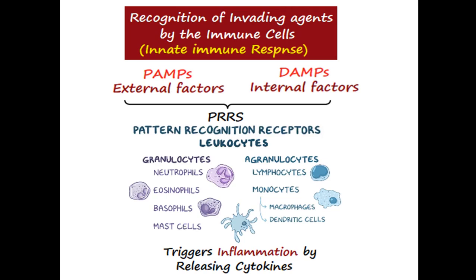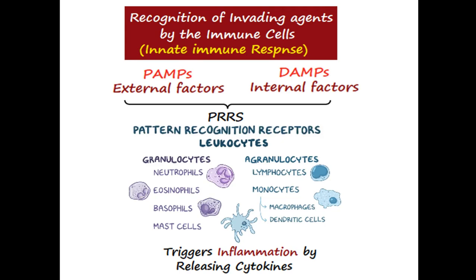Monocytes normally circulate in the bloodstream, but when they are needed, they leave the bloodstream, go into the extravascular tissue, and are present in the form of macrophages and dendritic cells. Macrophages are derived from the monocytes, and the dendritic cells are known as the antigen presenting cells, and these are more strong and efficient in killing the microbes as compared to the monocytes.